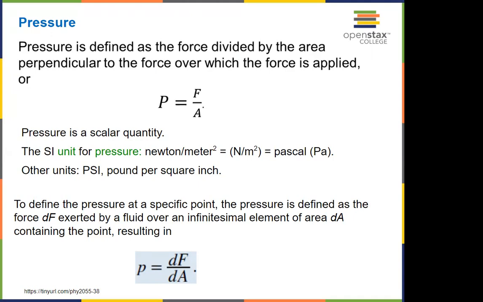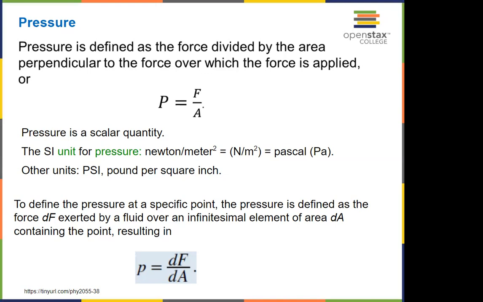Just treat it as a scalar quantity. The SI unit for pressure is newtons per meter squared. Newtons come from force, meter squared comes from area, and it has its own name called the Pascal, with the symbol Pa.